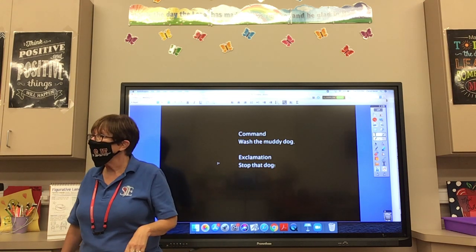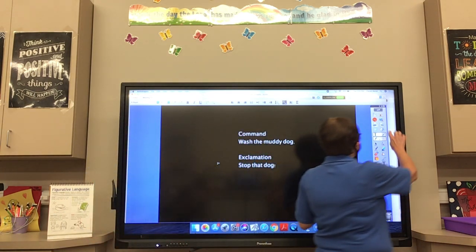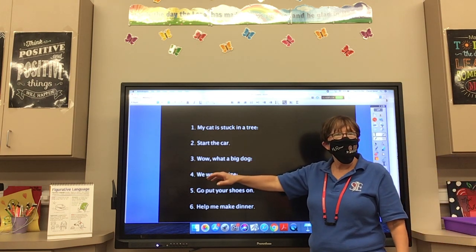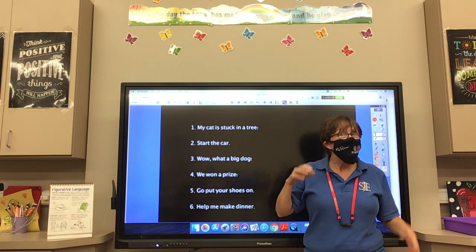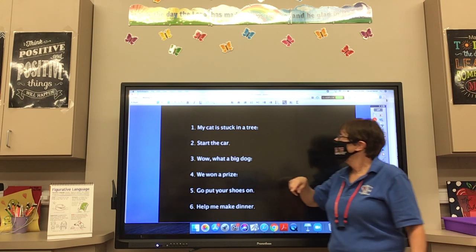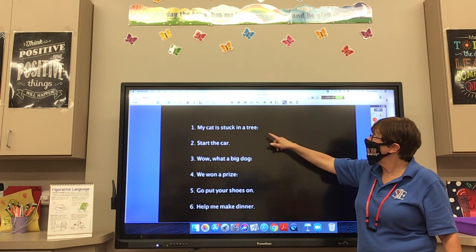So let's do a little practice and see if we can identify those two sentences. Let's look at sentence number one. Who'd like to read sentence number one and tell me what type of sentence it is? Hector? My cat is stuck in a tree! What kind of sentence is that? Look how it ends.